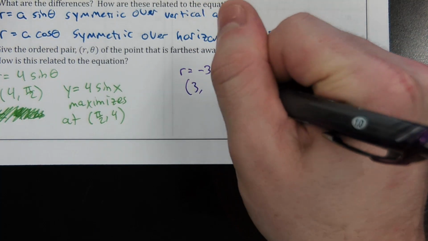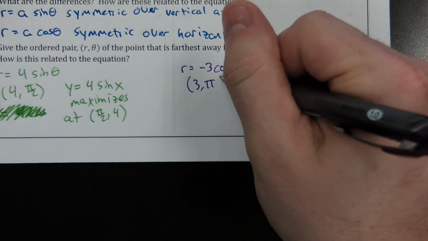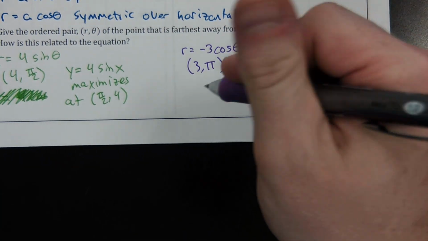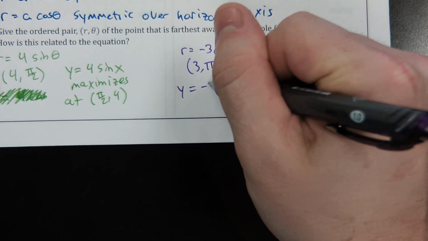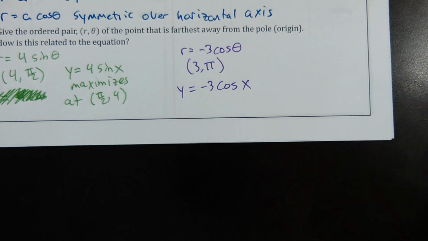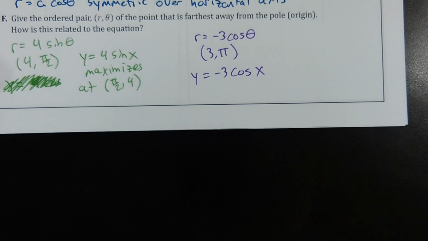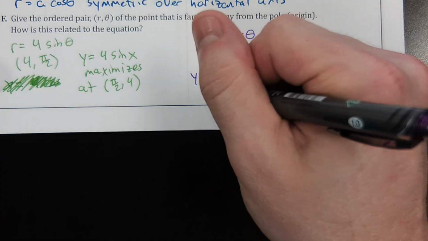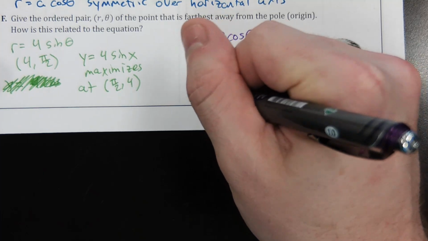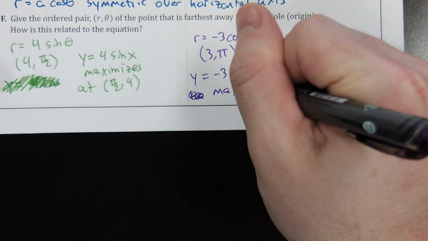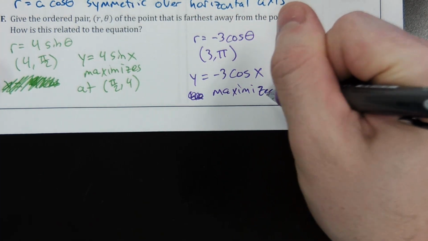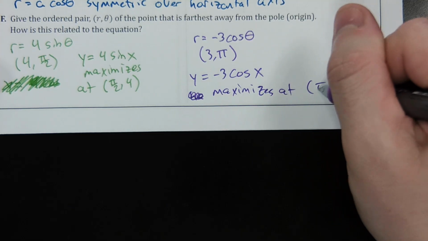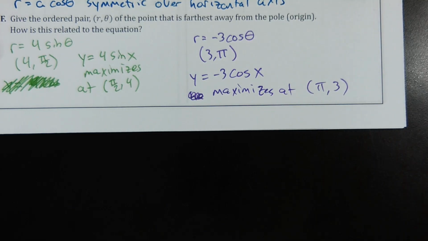And here's why. Because if you relate that to the cosine wave, it has a maximum when x is pi. And the max value would be 3. So it's very interesting.